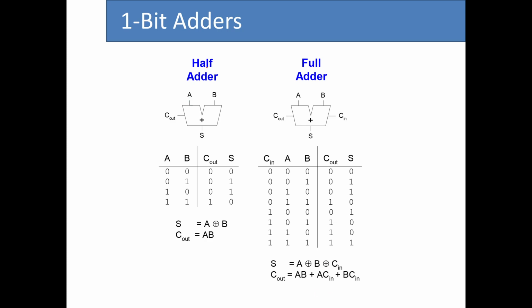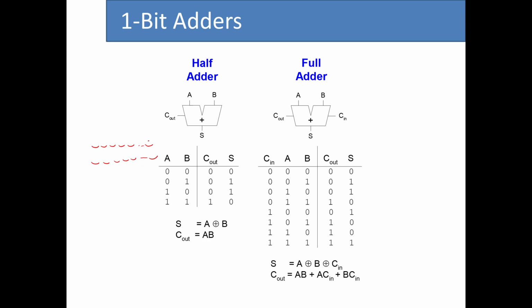So as you can see, the half adder is only being used when you want to find the result of summation for the least significant bits, and only that one.